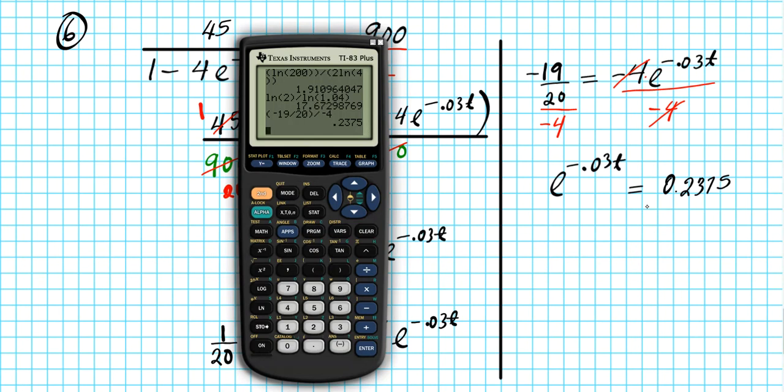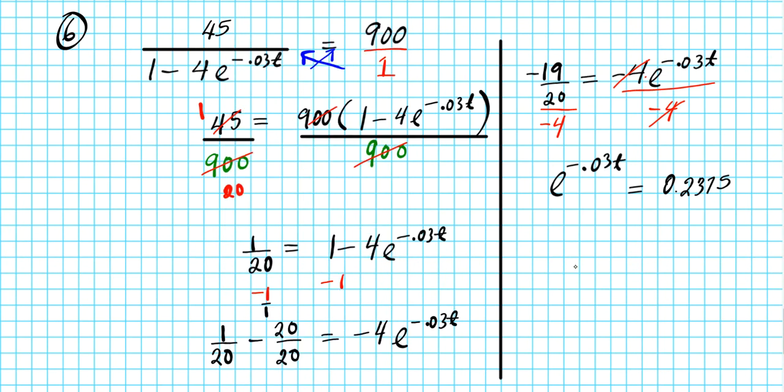Now, clearly, we cannot express these two terms as exponents with identical bases, so we have to use logarithms to address the situation. We can use natural logarithm or log base 10, so let's use natural logarithm here. On the left side we take the natural logarithm of e to the negative 0.03t, and on the right side, the natural logarithm of 0.2375.